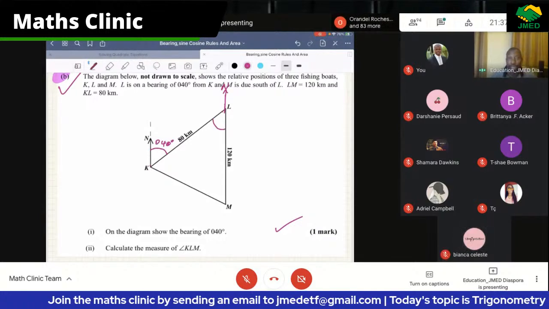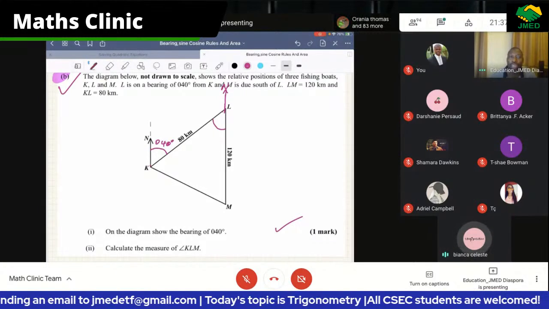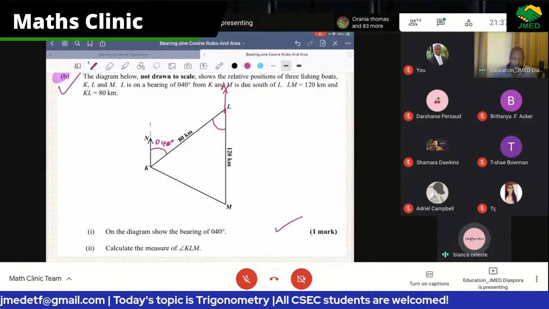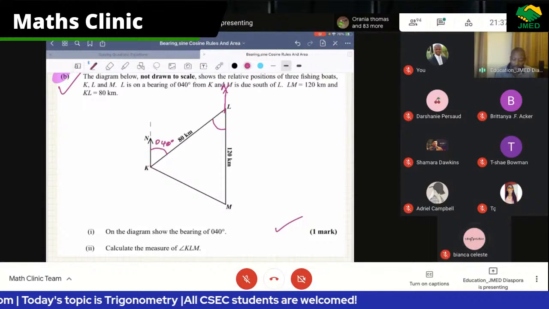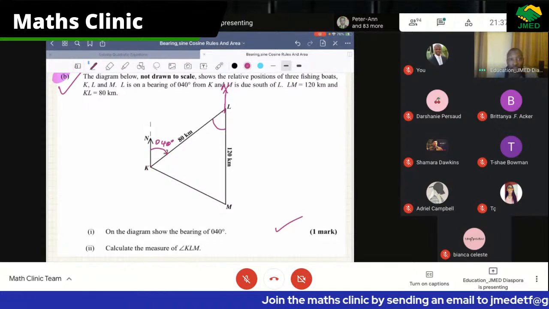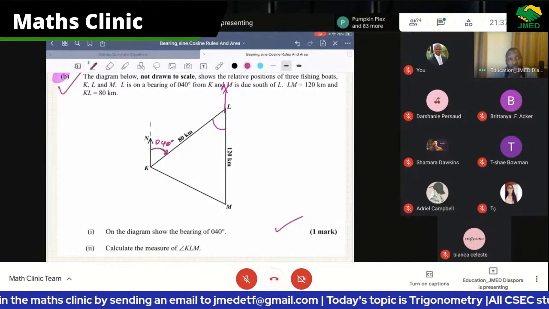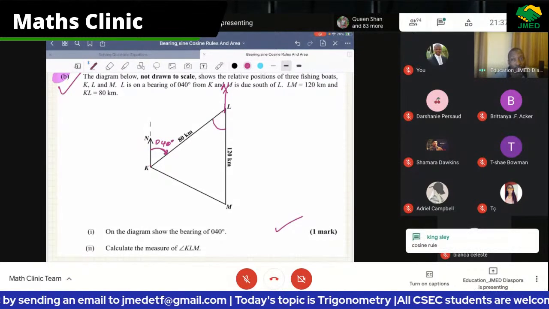Now, the bearing is 040. Should it be on the inside or the outside? I just did it like that because I don't have any space. I left it there because I didn't have any, and because it's a bearing. So from north in a clockwise direction, that's 040 degrees.